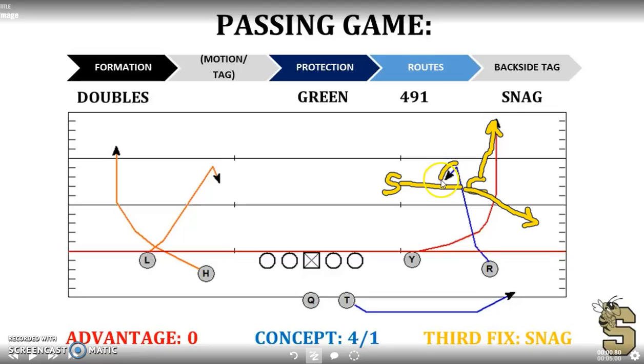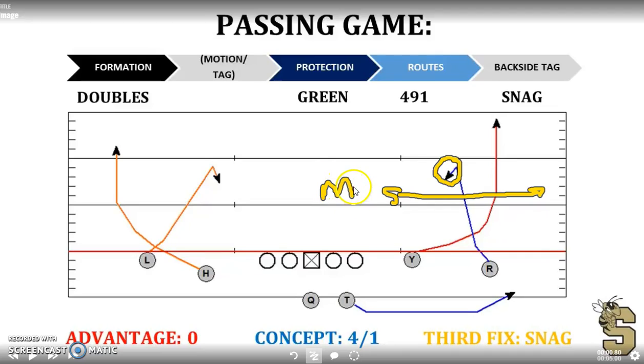If he sits and hugs on the 4 route, we will take the 1 route by the tailback right now and try to let him get up the sidelines and downfield as much as possible. If that invert defender bypasses the 4 to go straight to the 1, we should be able to throw the 4 route before any other linebacker can get to it.